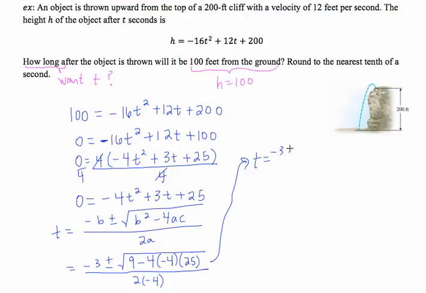So we get under the radical 9 plus 4 times 25. Well, 25 times 4 is 100. 100 times 4 is 400. So 9 plus 400. I doubt 409 is a perfect square, but maybe we can simplify it. Let's see.